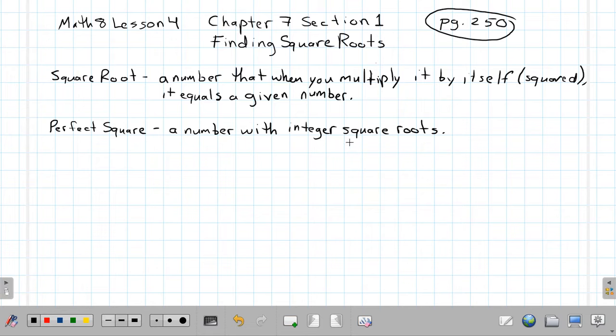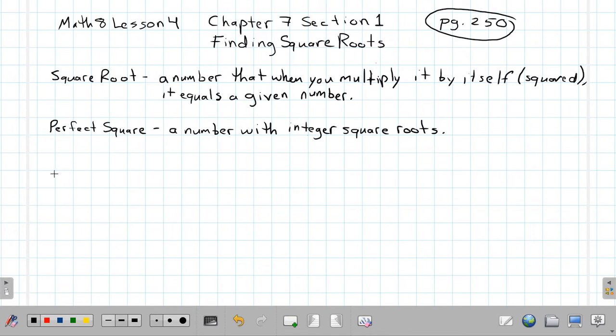So a perfect square is a number. In the case of 5 times 5 equals 25, well, 25 would then be considered a perfect square because 5 is an integer. And that's what the square root of 25 is, 5.